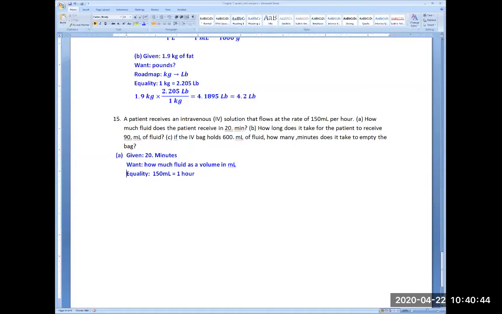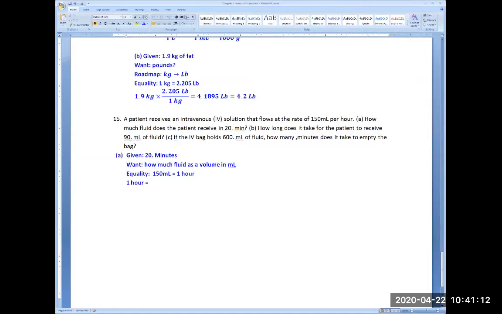So we know the given amount, we have our equality, and what we want also has a unit that comes from this equality, milliliters. So we have everything, looks like, well, no, minutes versus hour. We are missing something here, right? You cannot cancel minutes with hours. You have to give the equality that relates an hour to minutes.